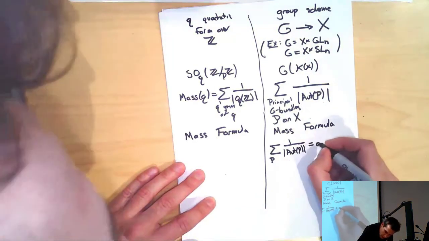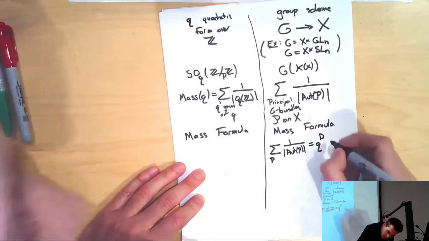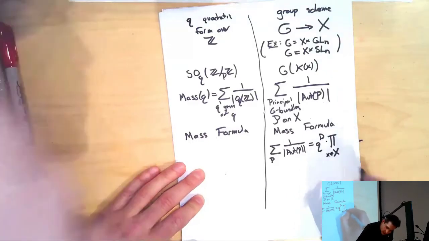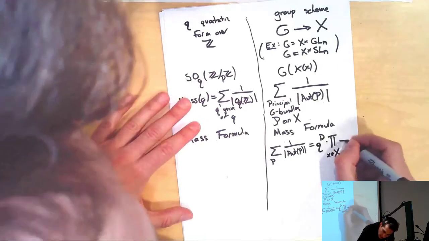What does it work out to be? Well, q is the size of my finite field, remember? Some power of q times something that looks like an Euler product, a product over all the closed points of my curve of a certain fraction.